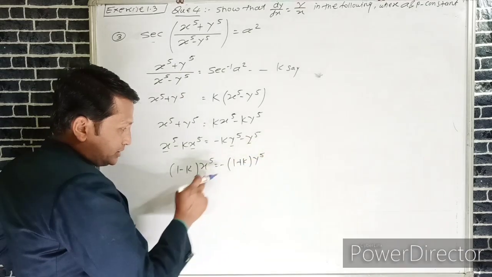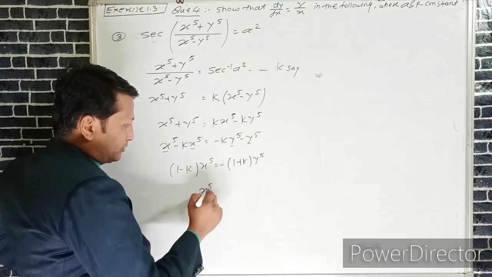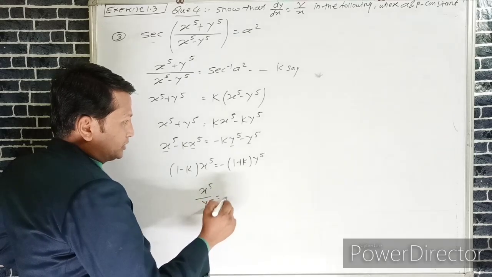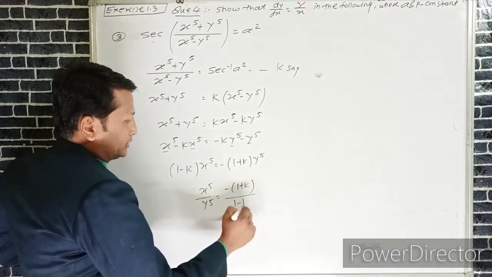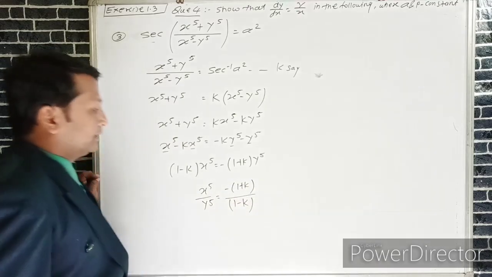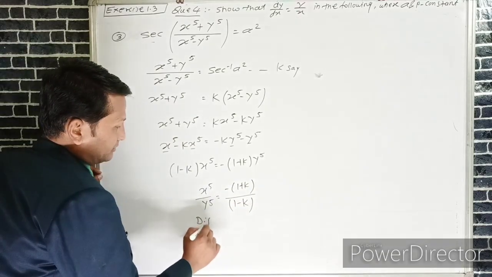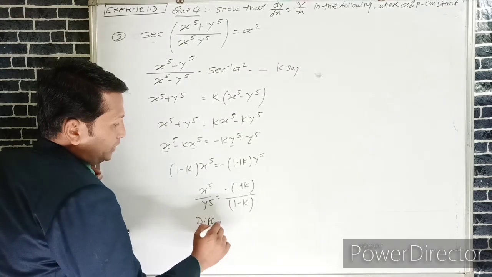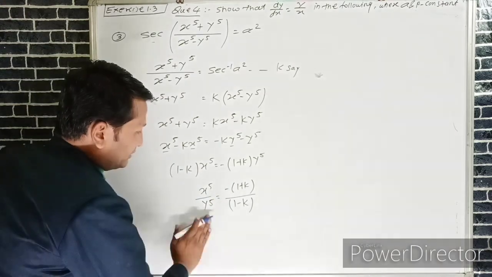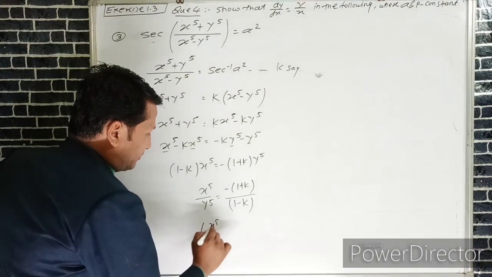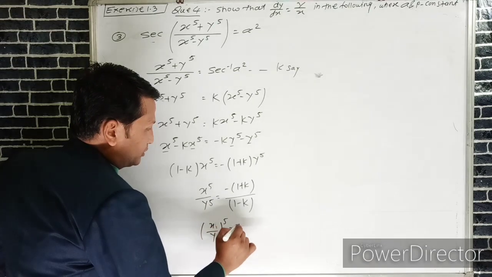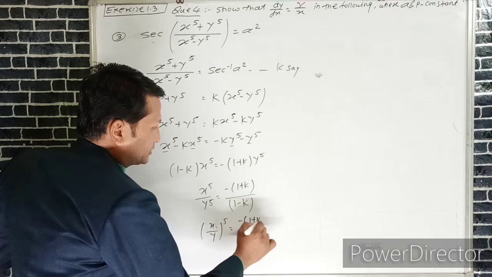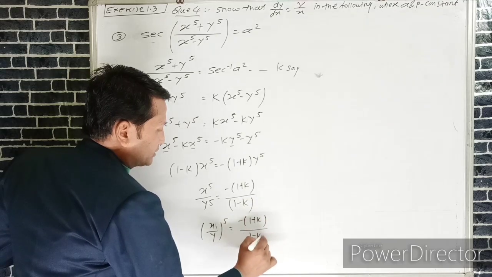If we take this term to the right side, we can write x raised to the power 5 upon y raised to the power 5 is equal to minus 1 plus k upon 1 minus k. Or we can write x upon y whole raised to the power 5 is equal to minus 1 plus k upon 1 minus k.